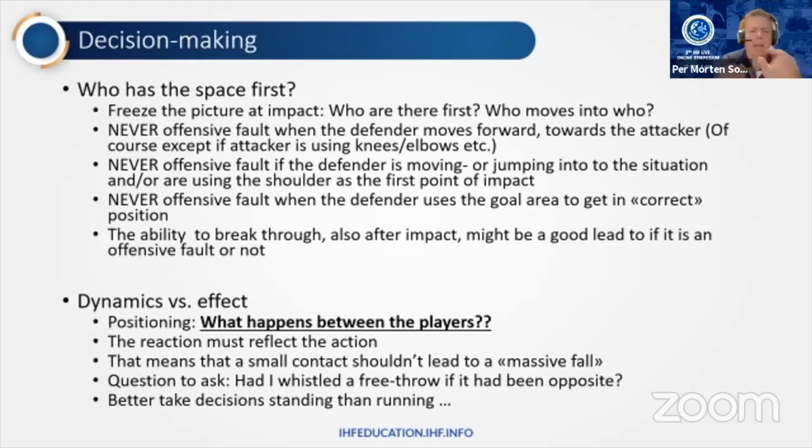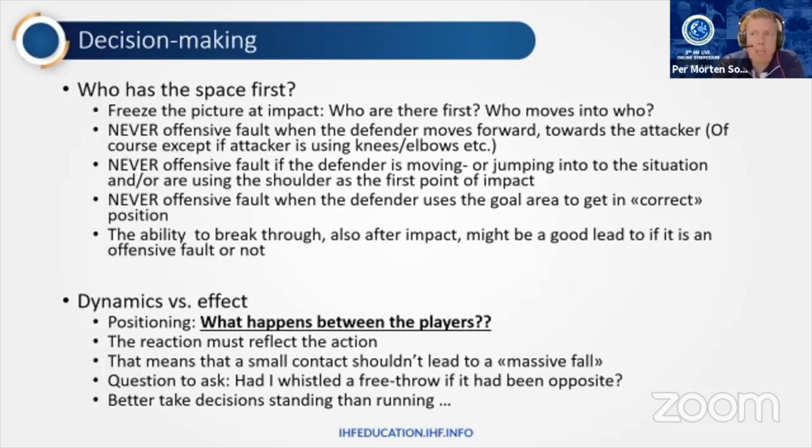There must be a relation between the reaction and the action, otherwise you must start to think if it's somebody who's trying to help us here. So that means that a small contact shouldn't lead to a massive fall.